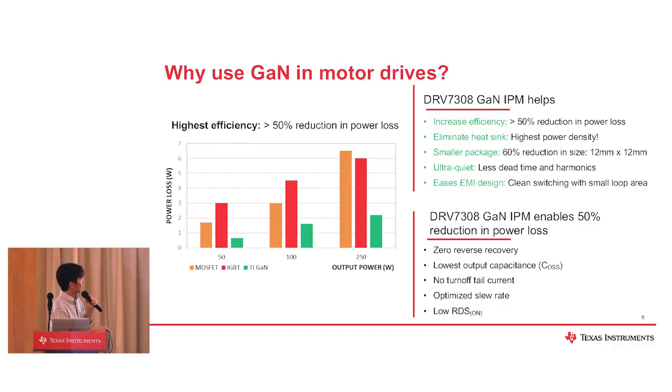In general, the GaN has the highest efficiency, with more than 50% reduction in power loss.